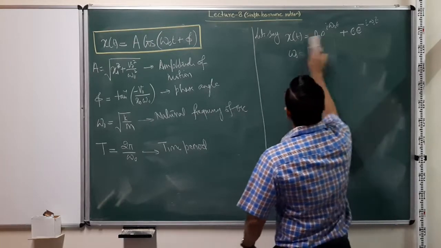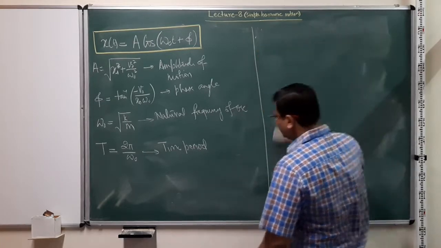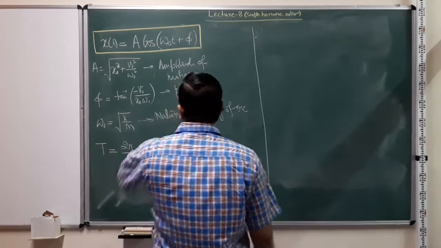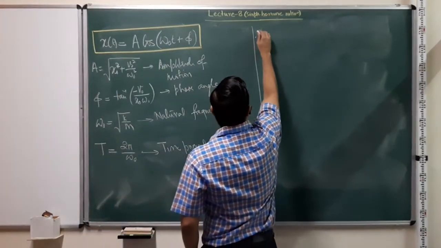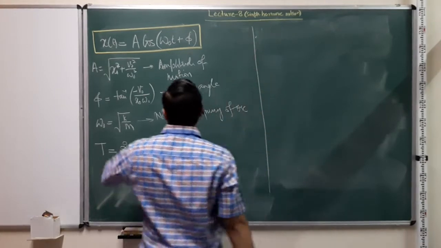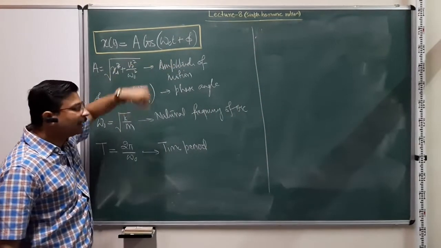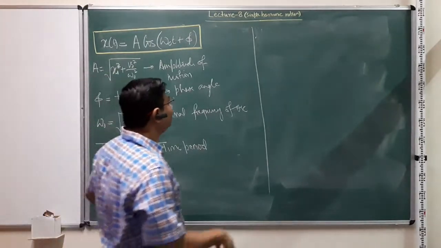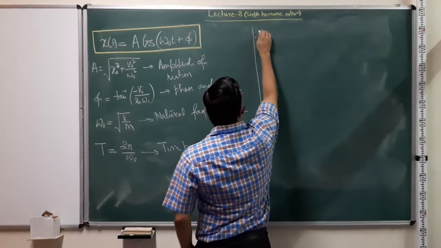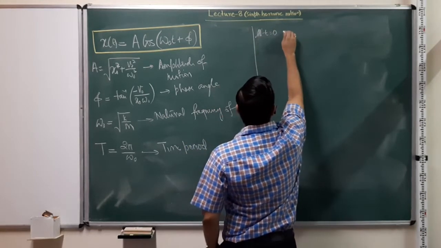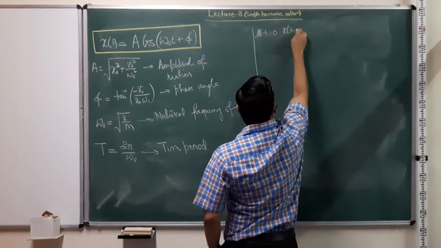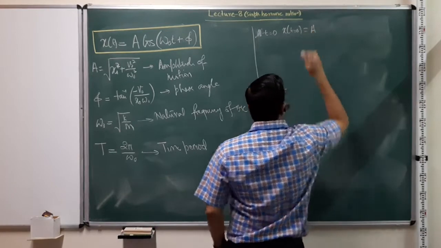Okay. Now, what we can do is see what this phase factor basically means. The phase factor determines the original amplitude, the initial state of the system. So for example, let's say at t equal to 0, x of t equal to 0 was the amplitude.